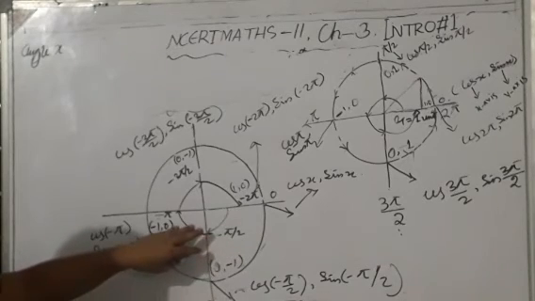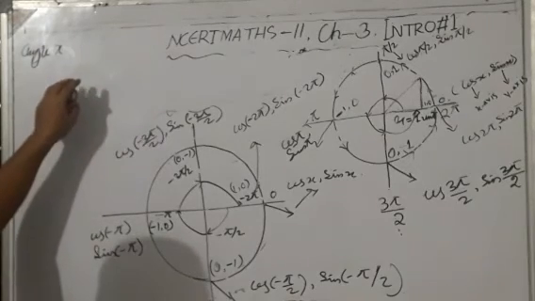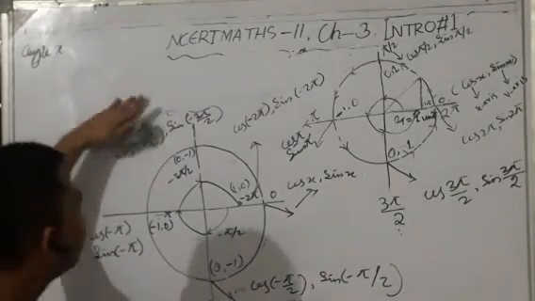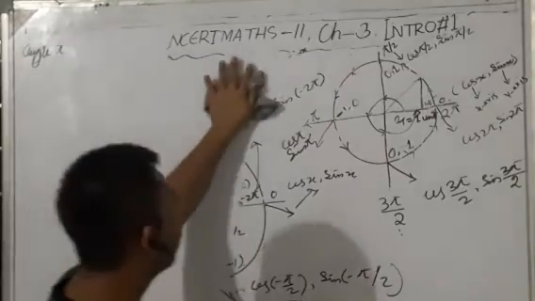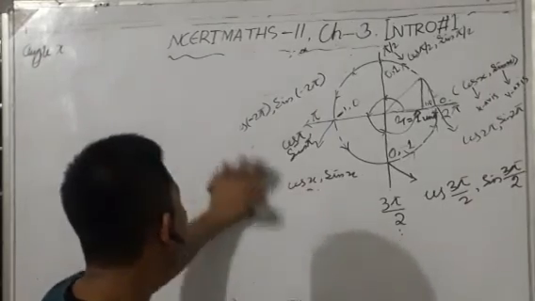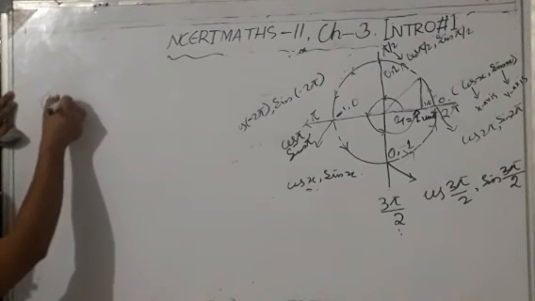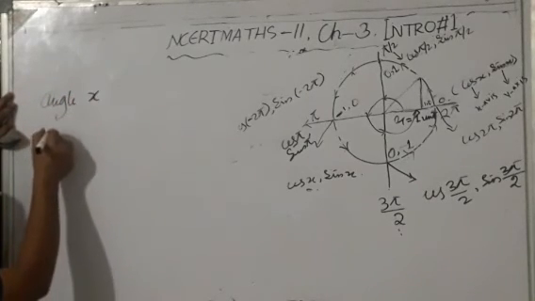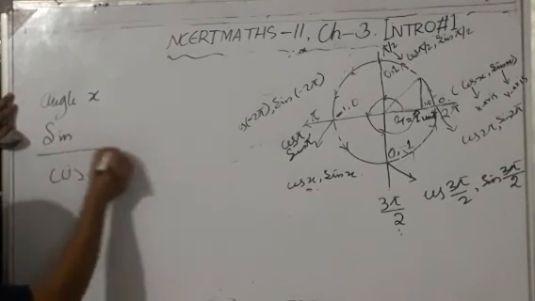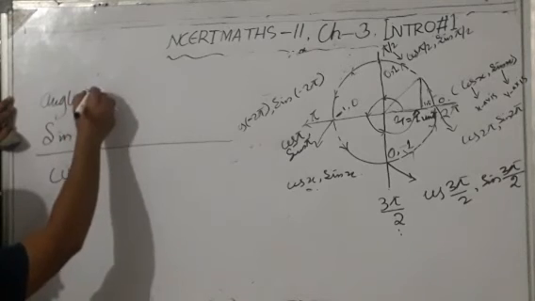So I am rubbing this part, since to write the values there is no place. Angle x, sin x, and this is cos.